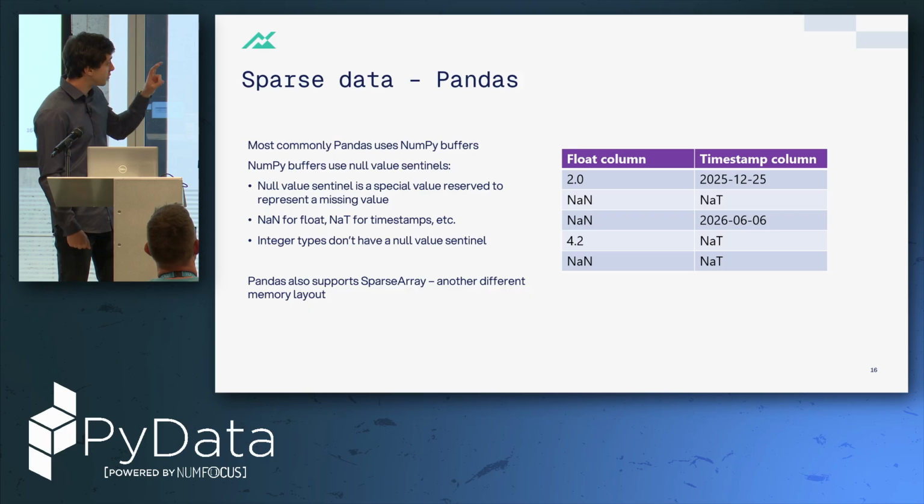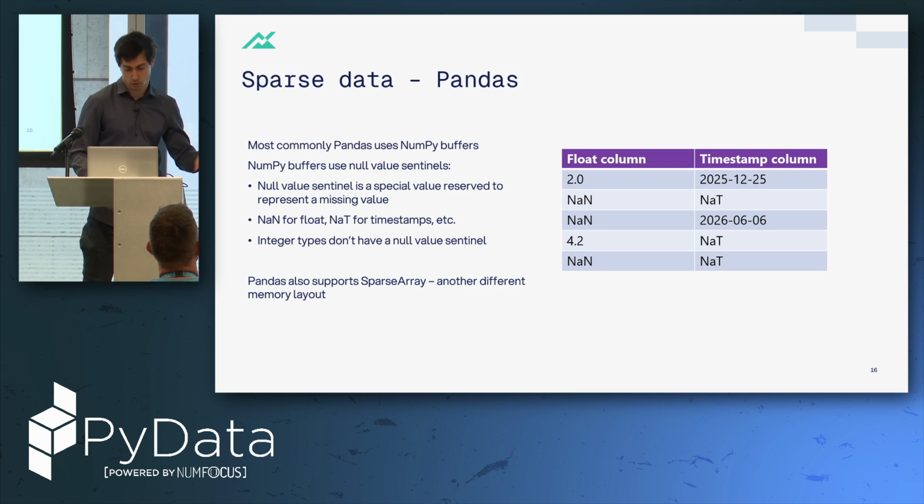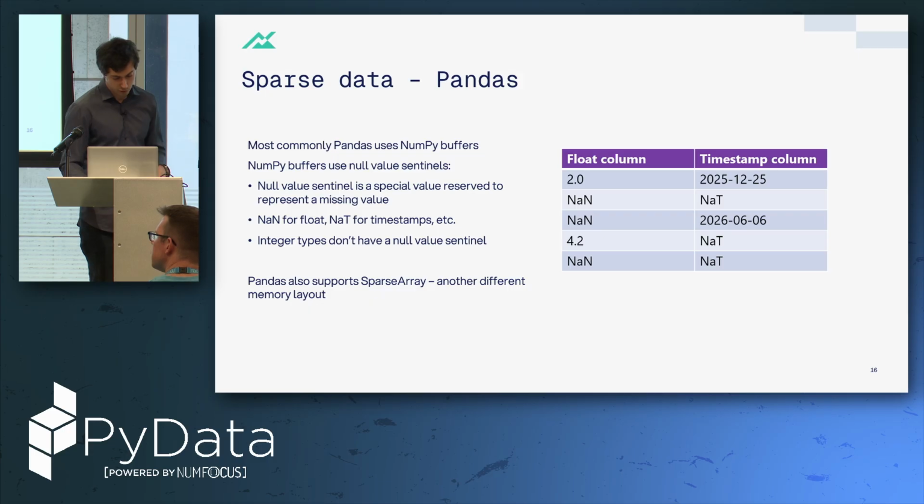And these special byte values represent missing values. There are other ways Pandas can handle missing values, for example, sparse arrays, but they have a different memory layout and have other performance repercussions. And as previously mentioned, newer versions of Pandas can actually use Arrow memory layout, which has a different way to handle sparse data.